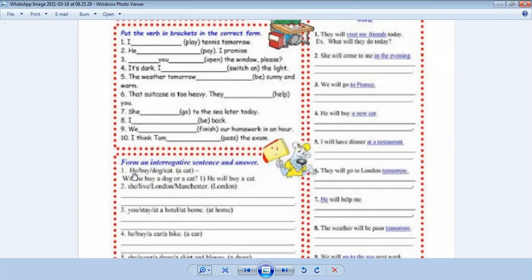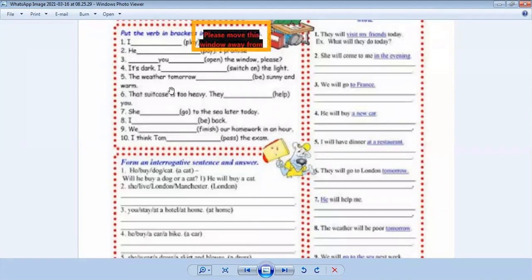Let's read the first example. He buy dog cat. Will he buy a dog or a cat? He will buy a cat. Number 2. She live London, Manchester.